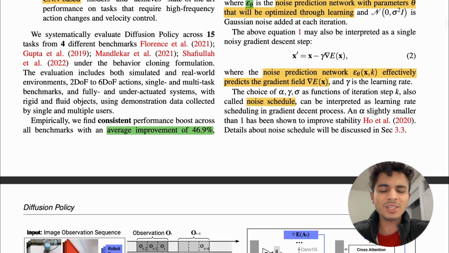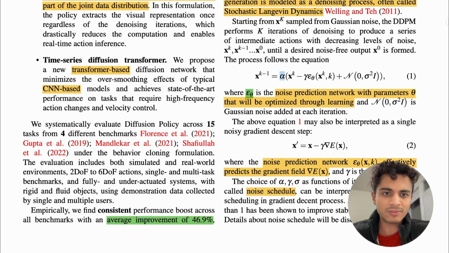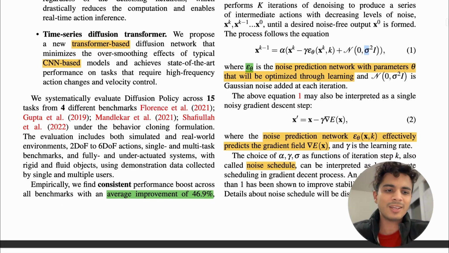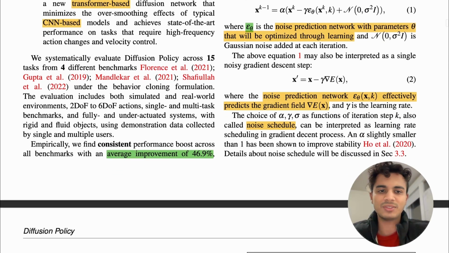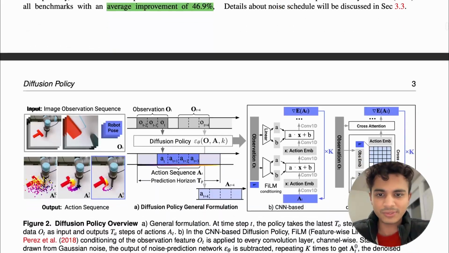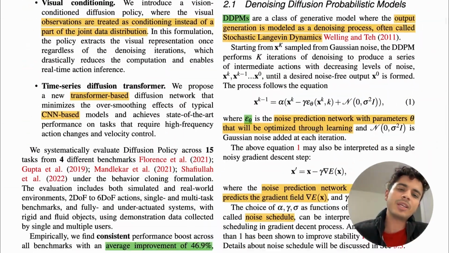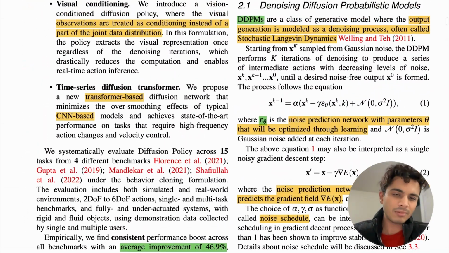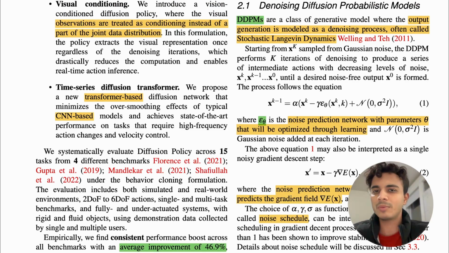Okay, noise prediction network efficiently predicts the gradient field, fine, and there are these parameters alpha, gamma, and sigma. These are all called noise schedule, which are given in section 3.3. I think I'll be covering it, not exactly sure, but basically I think they are mostly hyperparameters which we can set, so that's fine. And also, one more thing about this paper is that according to them, hyperparameter tuning is not a bigger challenge.